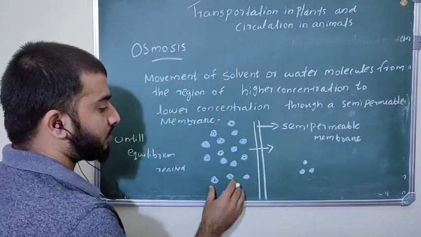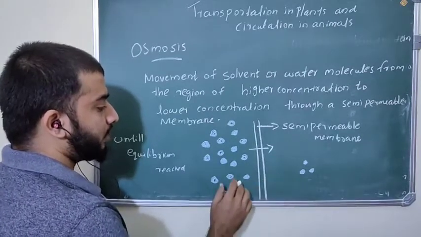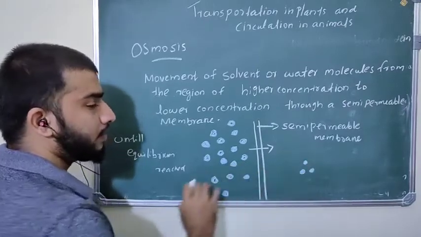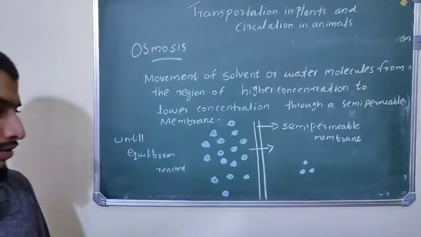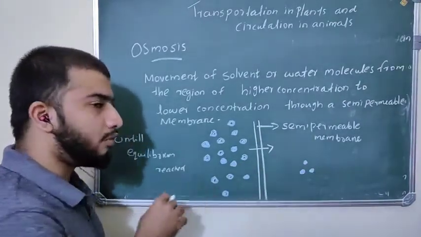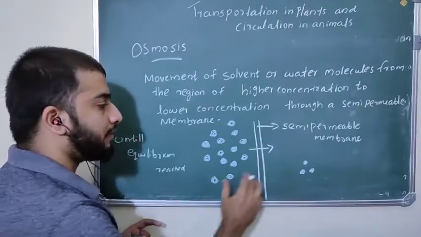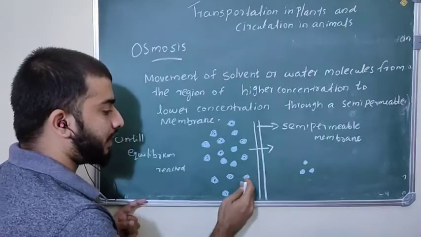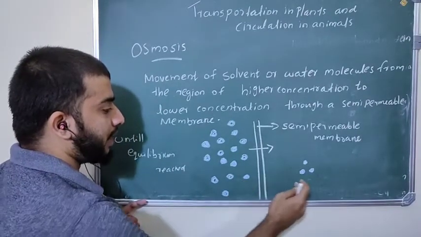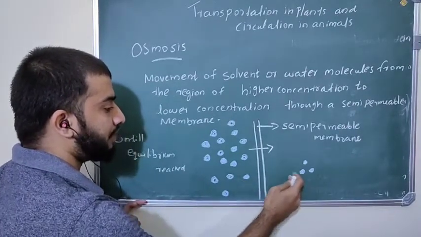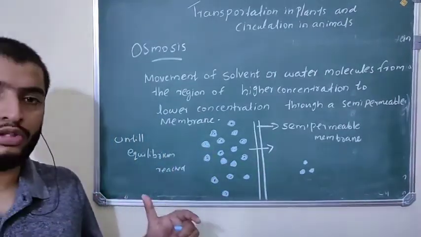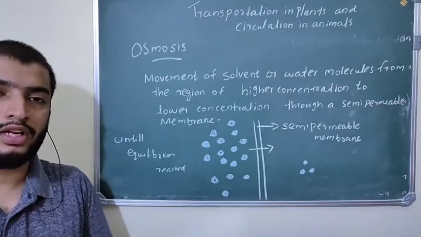So from higher concentration to lower concentration, that means from 10 to 3, water molecules move. Till what time? Till both sides become equal in concentration. For example, here the water concentration becomes 5 and here also it becomes 5. So both sides become equal in concentration, and osmosis stops.